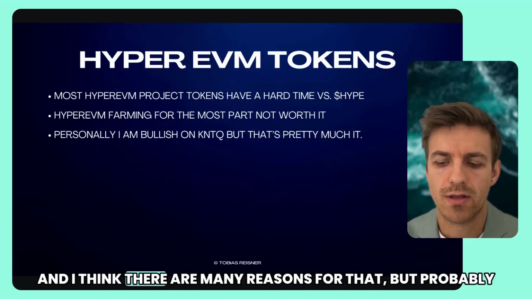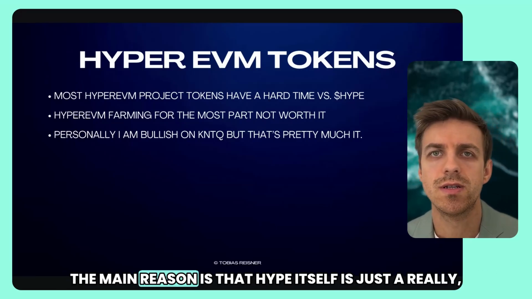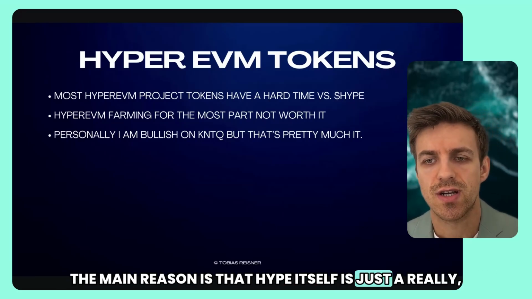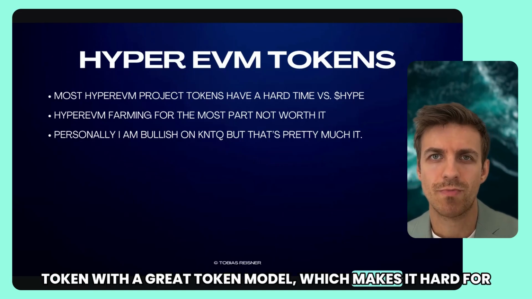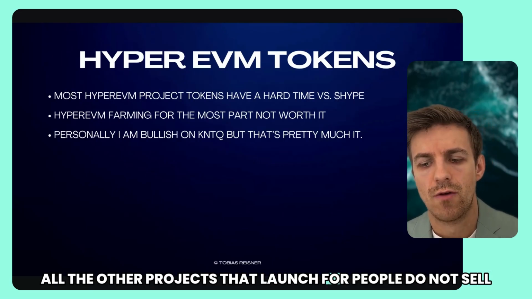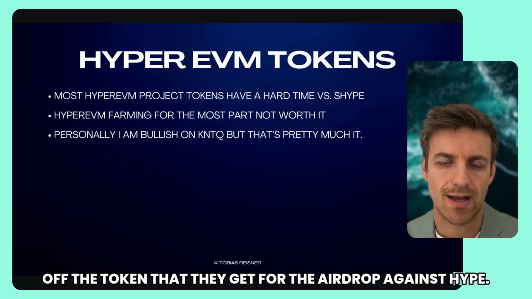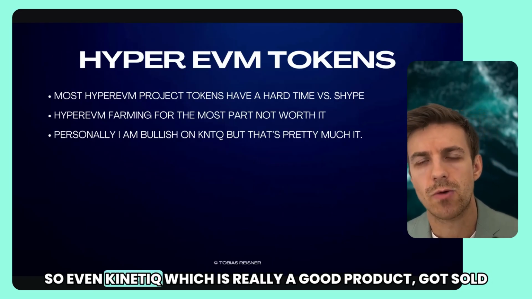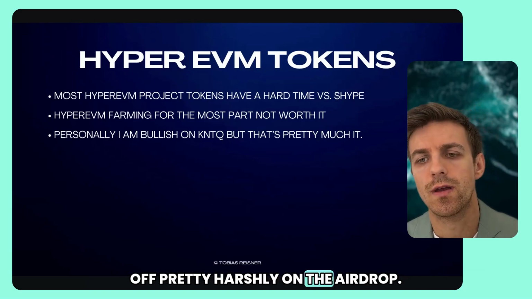And I think there are many reasons for that, but probably the main reason is that HYPE itself is just a really, really good token with a great token model, which makes it hard for all the other projects that launch, because people sell off the token that they get for the airdrop against HYPE. So even Kinetic, which is really a good product, got sold off pretty harshly on the airdrop.